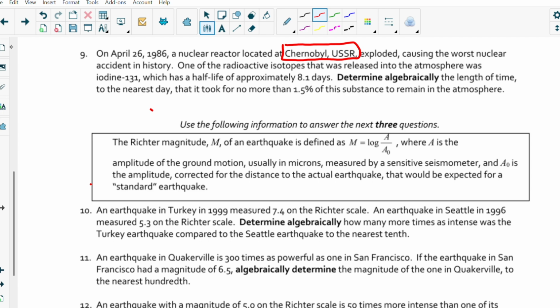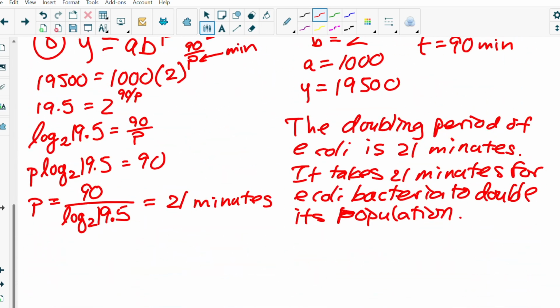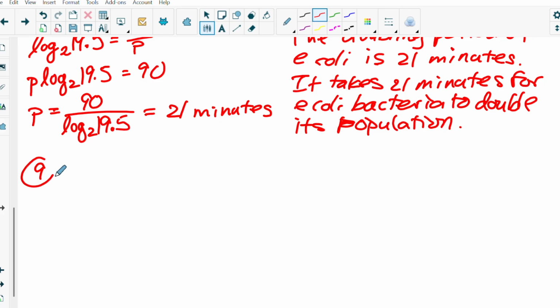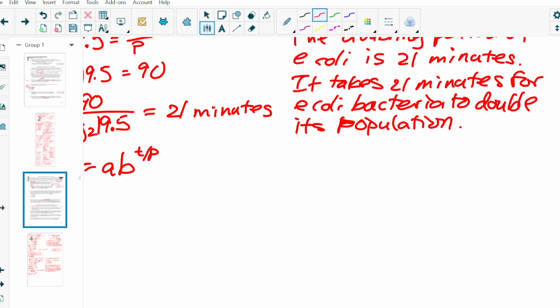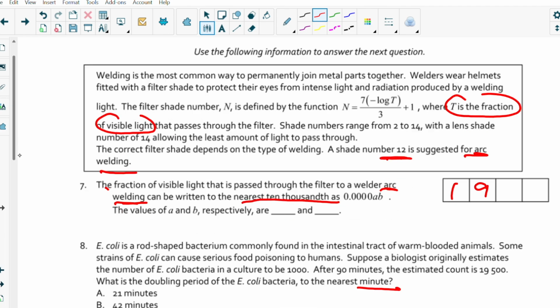Okay, exponential decay. So let's go to number 9. I'm going to start a new page here. So y equals a b to the t divided by p. We want to know how much time it took for 1.5% of the original radiation to be left over.